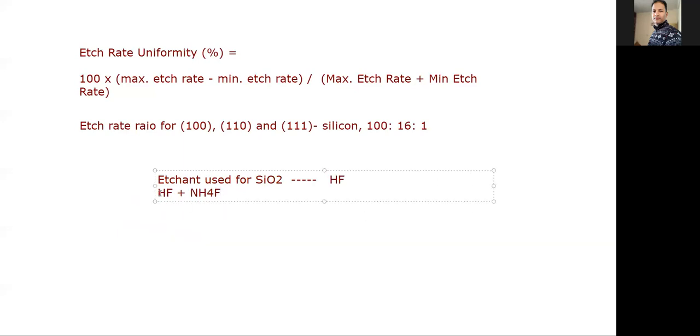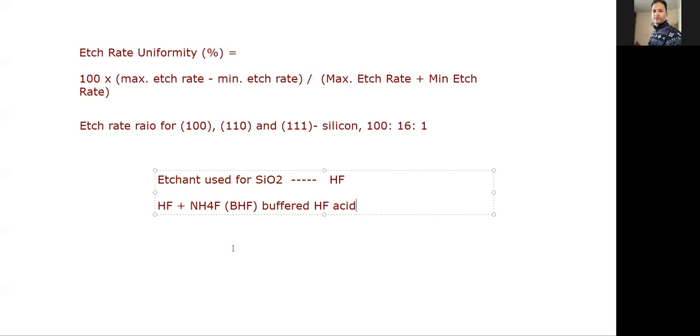This solution, a mixture of ammonium fluoride and hydrofluoric acid, is called BHF, where B means buffered hydrofluoric acid. This gives you a better etching rate for silicon dioxide, which is why it is called buffered oxide etch.